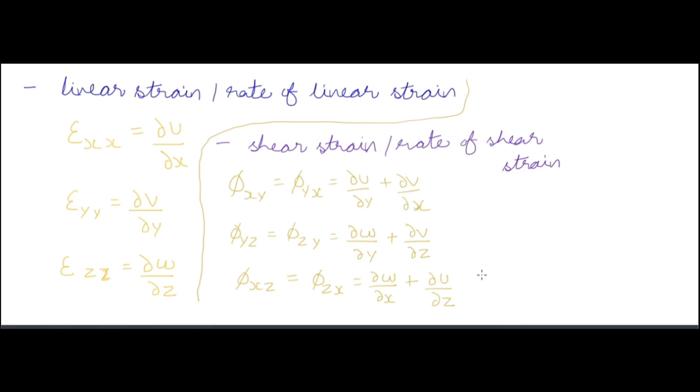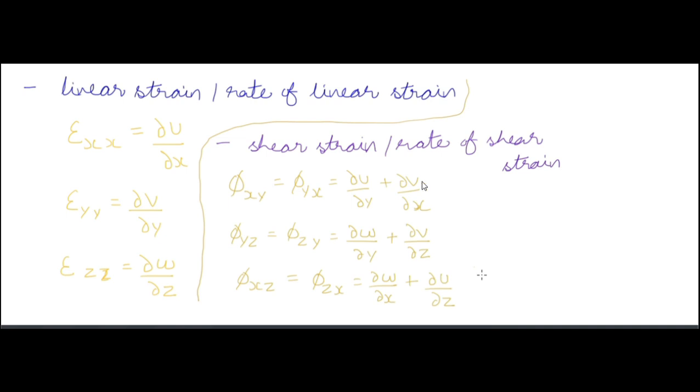You can see here that the component along the x direction has been differentiated with respect to the z direction, and the component along the z direction has been differentiated with respect to the x direction. Similarly here, u is in the x direction and it is differentiated with respect to y.